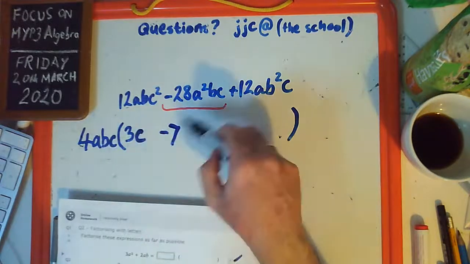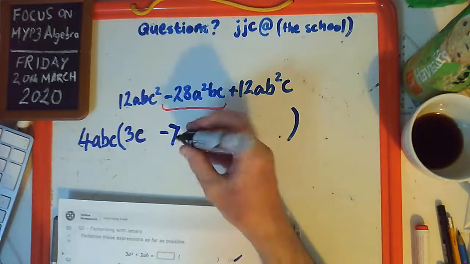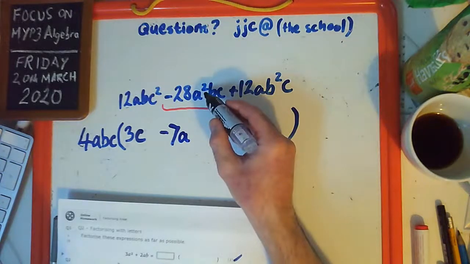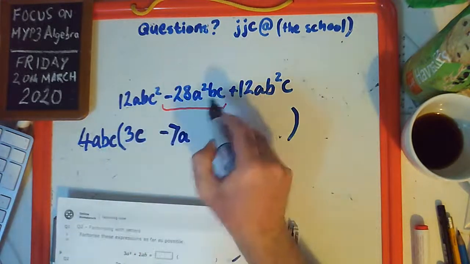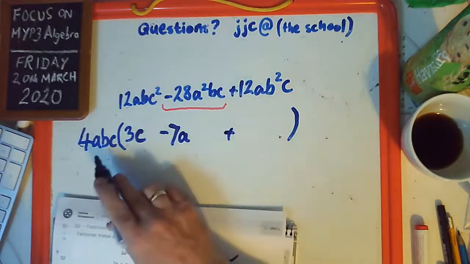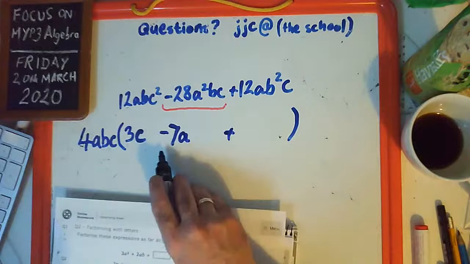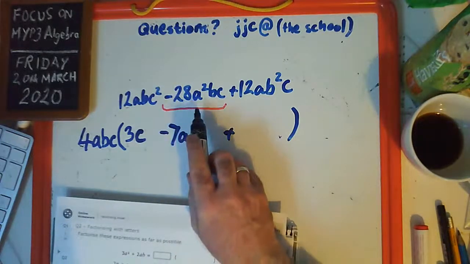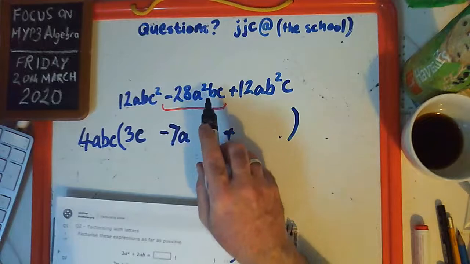I've got an a there, but I want an a squared, so I'm going to have to multiply it by another a to get the a squared. And then I've got the b and the c, so I don't need to do anything with those. So 4abc times minus 7a will give me the minus 28a squared bc.